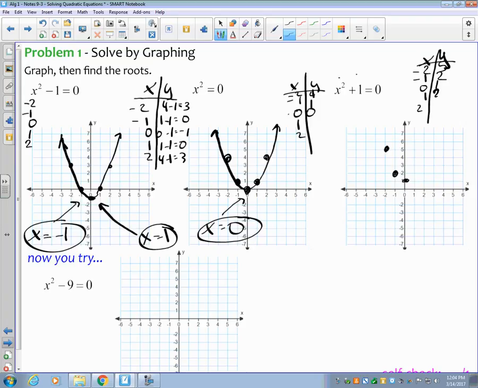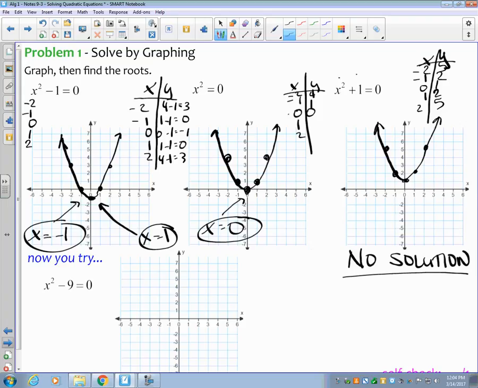Plus 1 is 2. And 2 squared is 4. 4 plus 1 is 5. Where does this graph touch the x-axis? When is x squared plus 1 equal to 0? Never.